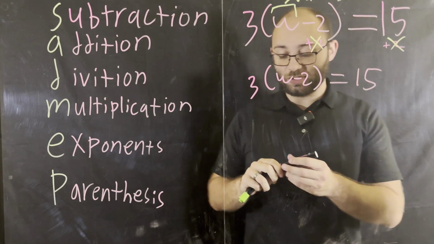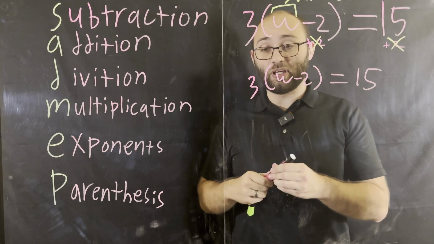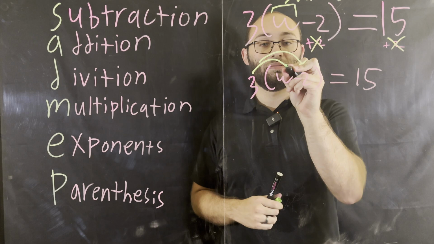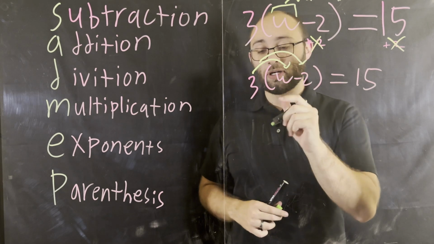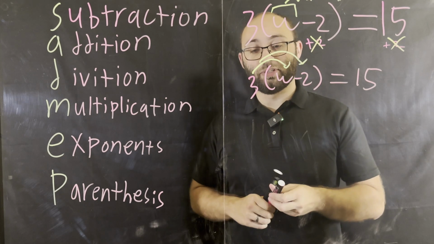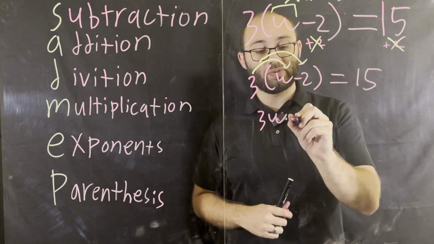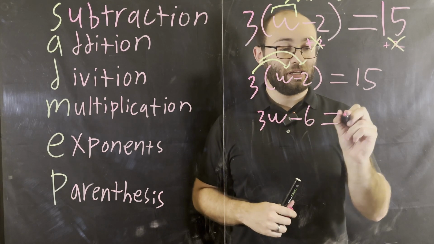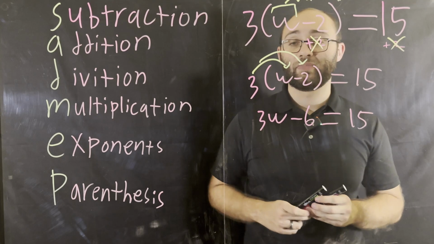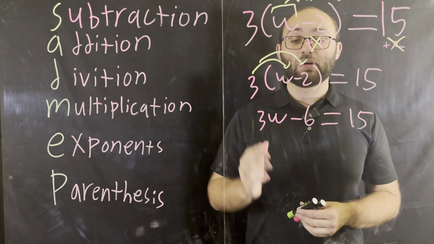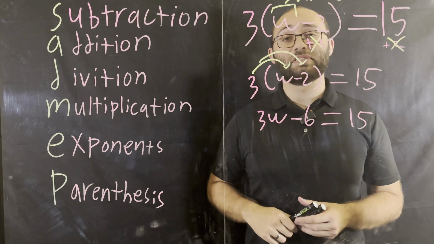And I would suggest doing it by distributing this 3 into the parentheses. So 3 times w, we get 3w. 3 times -2 gives us -6, and that's equal to 15. Now, I don't have anything inside parentheses, so I'm good to start following our SADMEP.